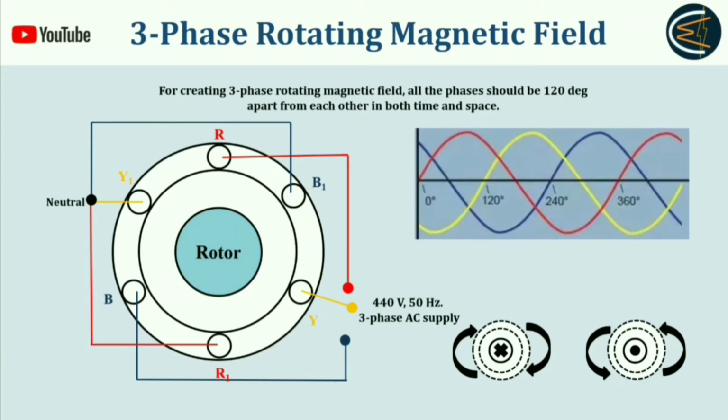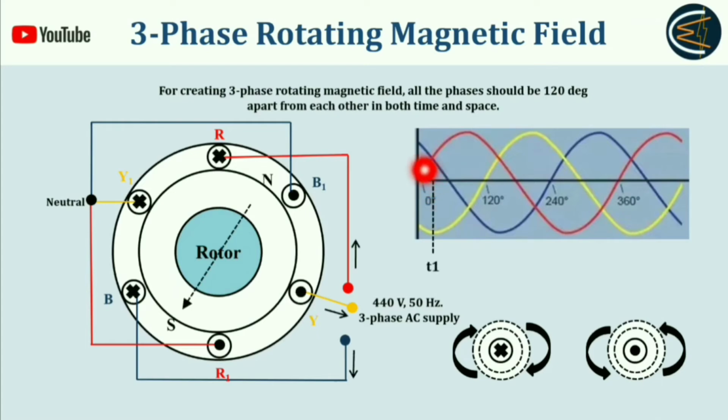Similarly, if the current is coming upwards from the surface, you place your thumb in the outward direction, and if you rotate the rest of your fingers, the direction of the rotating field will be anticlockwise.